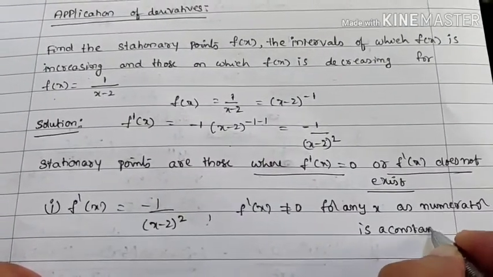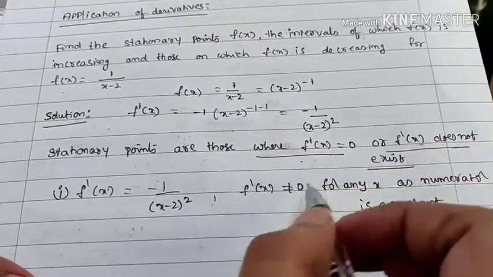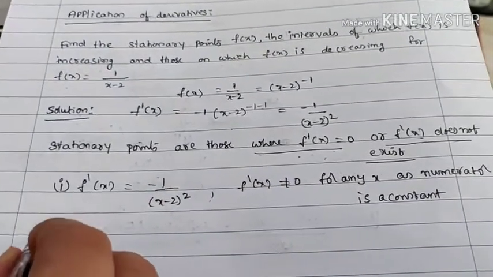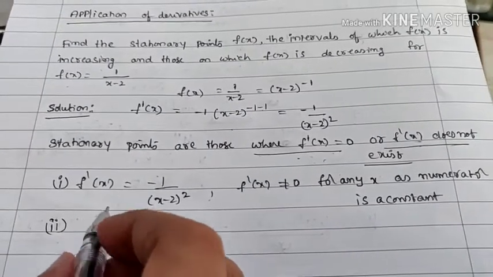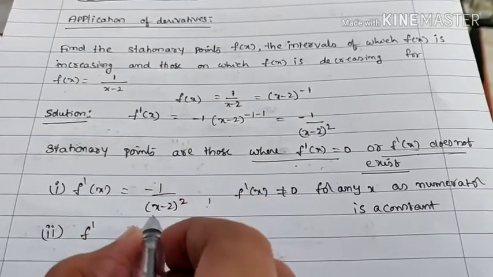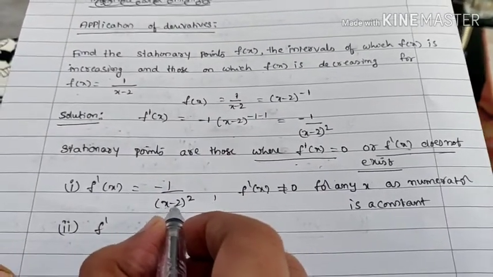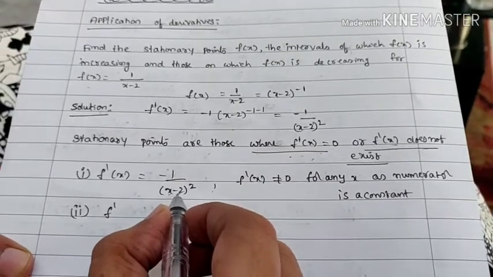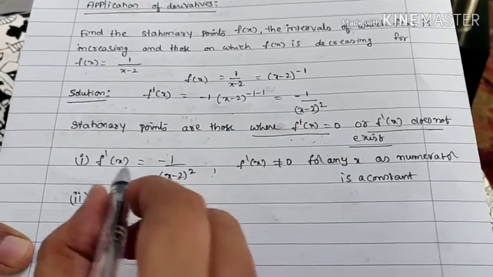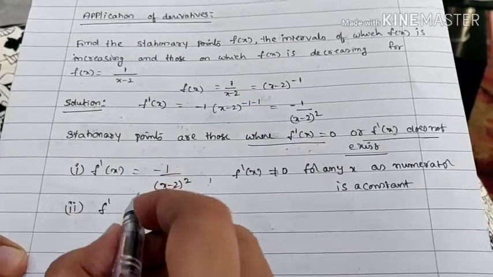Now what is the second condition? Either this or this should hold. This cannot be 0, so you can use the other one: f dash of x does not exist. If you put 2 in place of x, 2 minus 2 becomes 0, so f dash of x cannot be defined because the denominator becomes 0, and 1 by 0 is not defined.